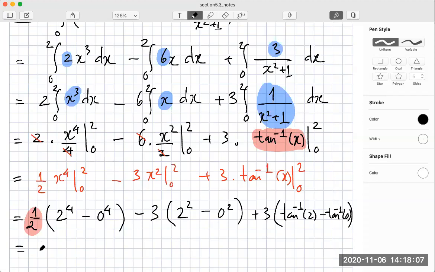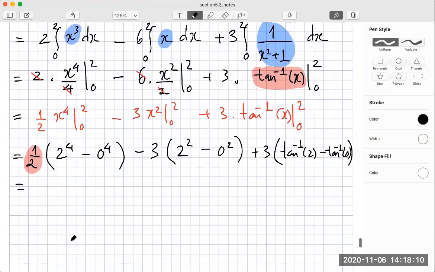Okay. Then 1/2 of 2 to the 4th, it will be 2 to the 3rd, right? 3 here, minus 3 times 4 plus 3 inverse tangent of 2, or yeah, just write it this way, and inverse tangent of 0 gives us 0.